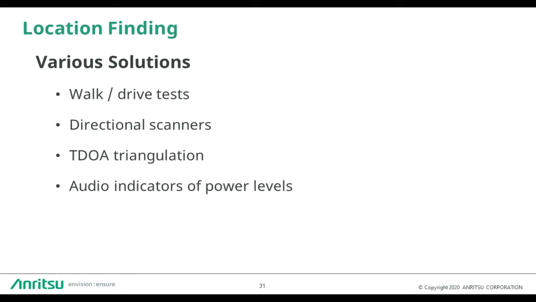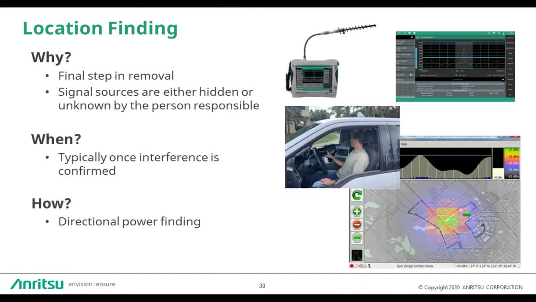You can have audio indicators. You can do drive tests, as you drive and start to triangulate the power levels of the signal interference. You can lay out on a map. If I go back to this previous slide, you see here an example where you start to lay out on a map and get an idea for, I'm seeing now the power levels are concentrated in a specific area.